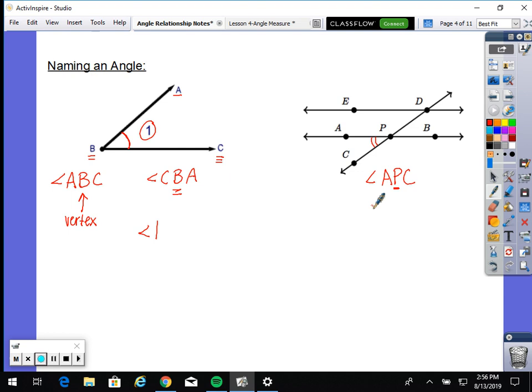I could also name it angle CPA because P is still the vertex. I could call it angle P, but if I just refer to it as angle P, I don't know if I'm talking about the angle here, the angle here, here, or here. So we don't really want to just use the one letter. We want to use all 3.